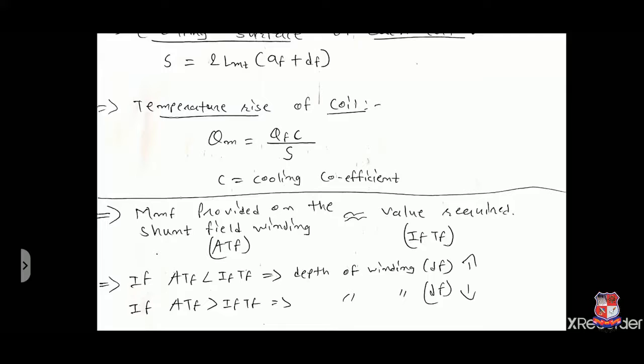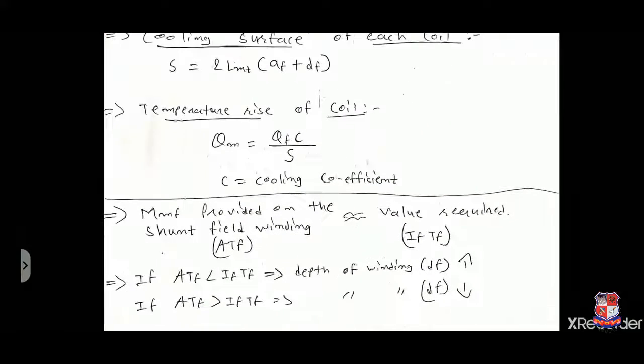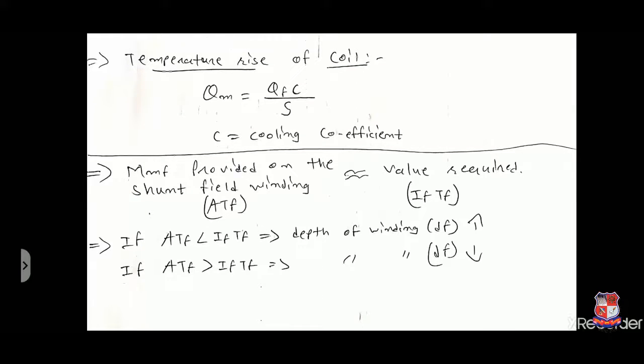Okay, so what the designer can do, the main thing we need to keep in mind is that the MMF required for the shunt field winding must satisfy the conditions. Means ATF is the MMF provided on the shunt field winding. It should be matched with the value of IF into TF. Means we are calculating IF into TF.